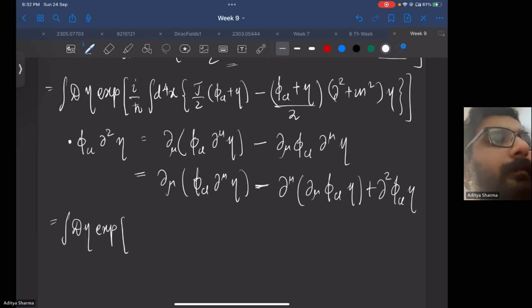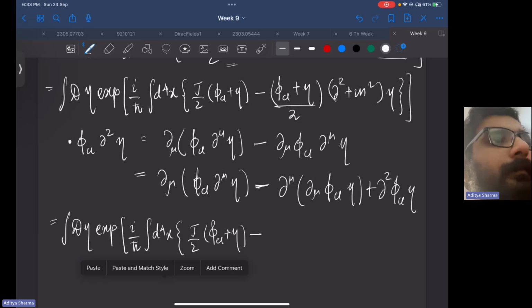So with this part, I'm going to get del square plus m square, so I'm going to get a j, and inside there is j times eta.